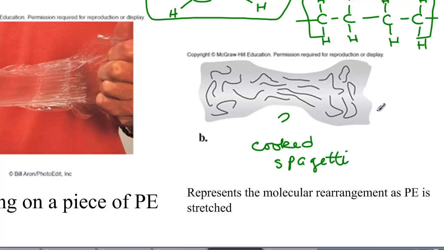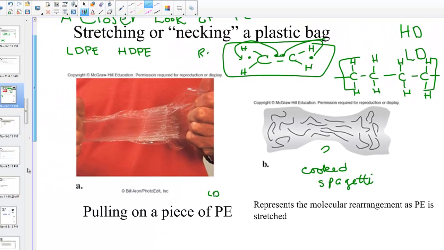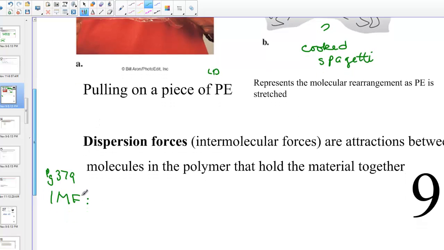It lacks the organization of the molecules as they're lying around each other. So polyethylene that can be stretched is of low density. To be of high density, we start to see them arrange themselves in a different way.